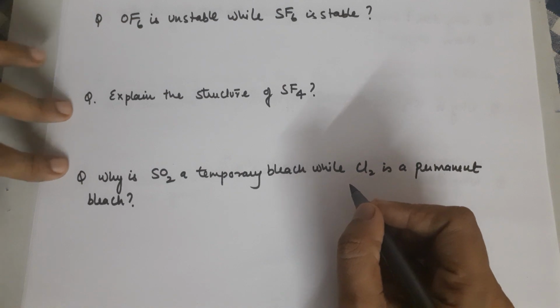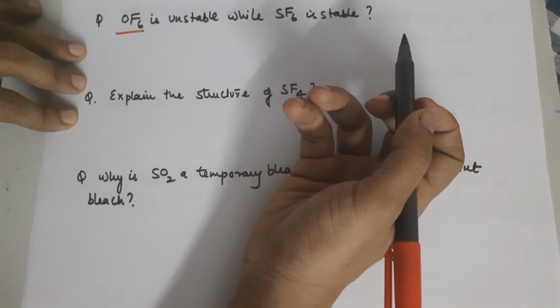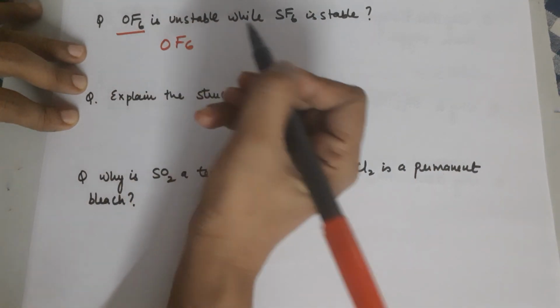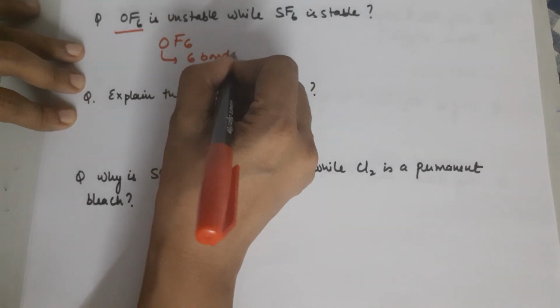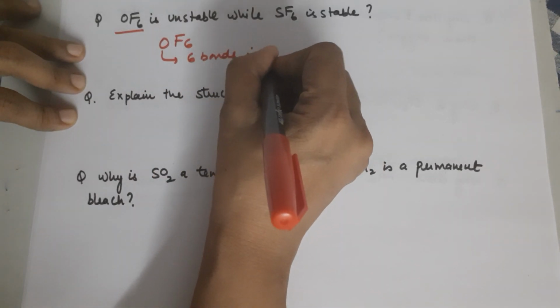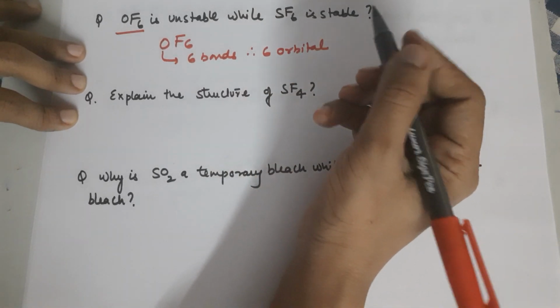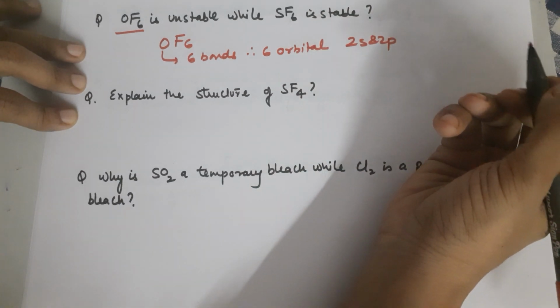Moving on, the next question is: OF6 is unstable while SF6 is stable. Now, for the compound OF6 to be formed, oxygen needs to make 6 bonds. Therefore, it needs 6 orbitals in the valence shell. We very well know oxygen has 2s and 2p in the valence shell.